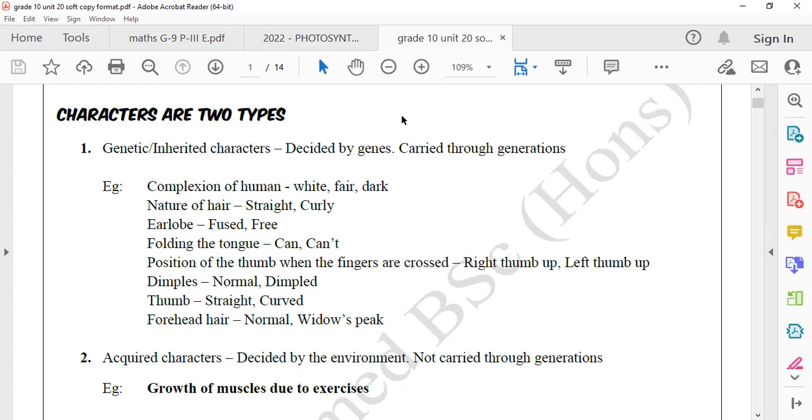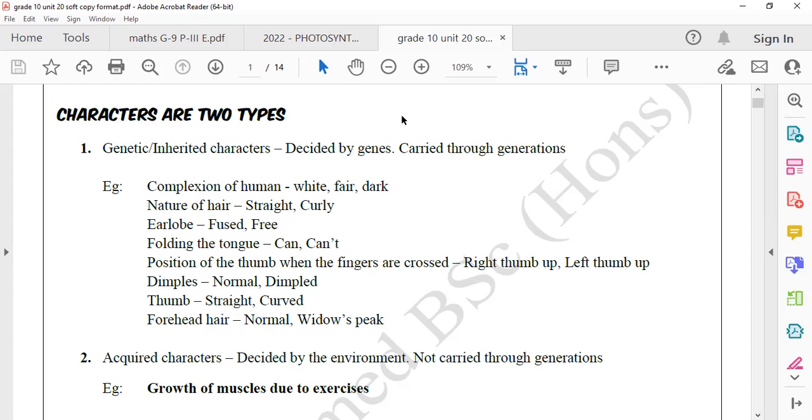From your father, you would have received certain characters because you have got your father's genes. Your father has got them from his father or his mother, and they have got them from their father or their mother.